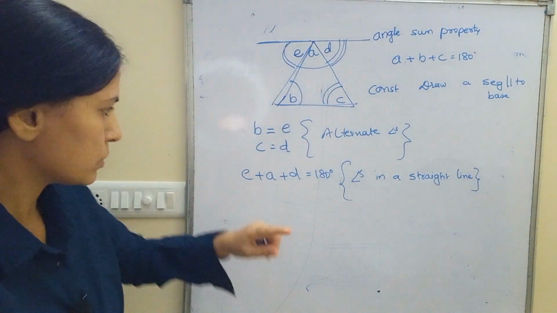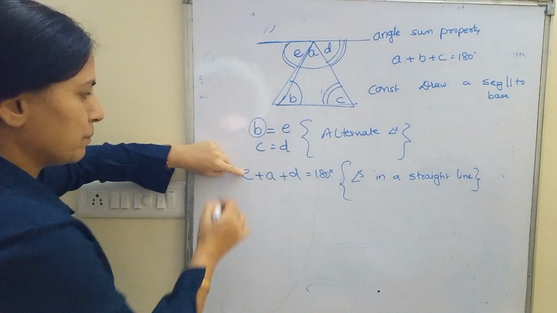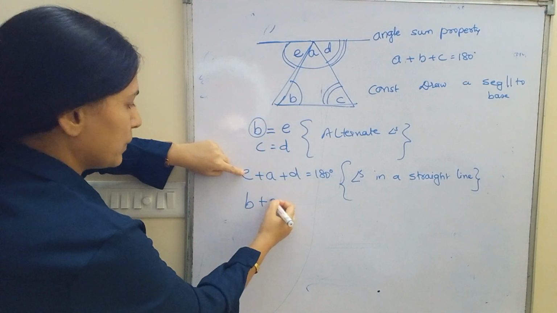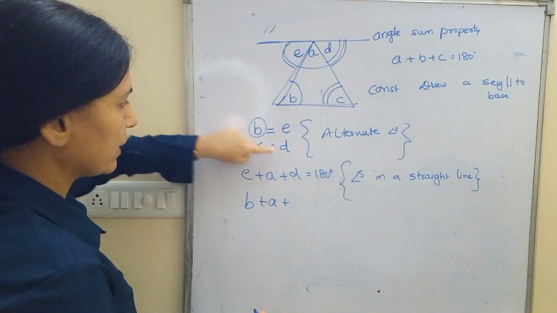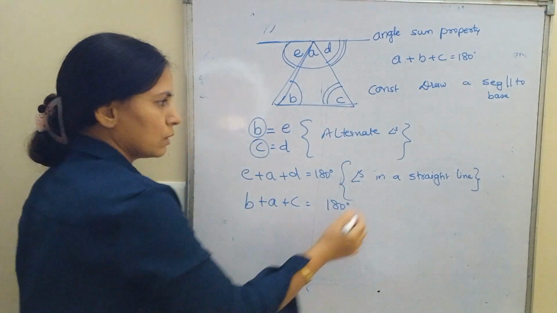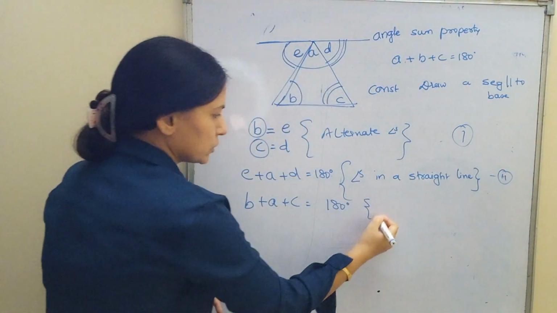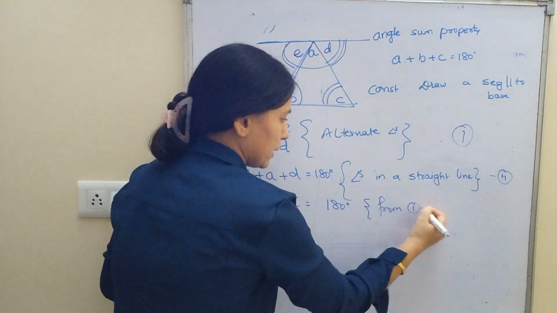Now listen students, instead of E, can I write B? A would be as it is, and instead of D, can I write C? This is from 1 and 2.